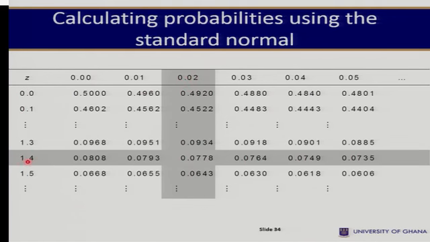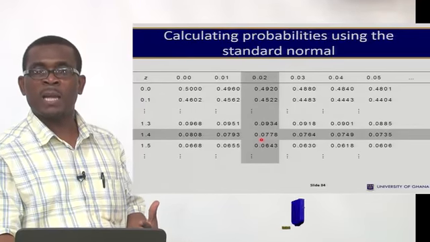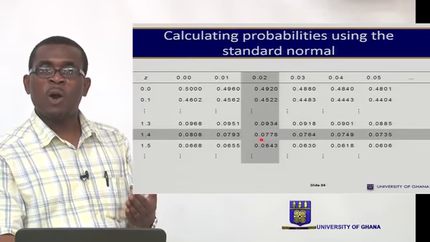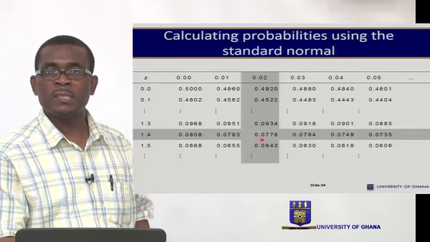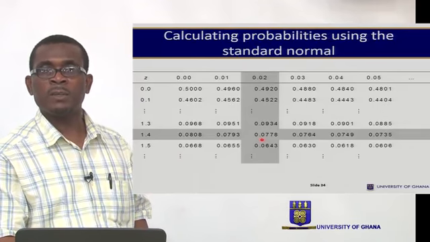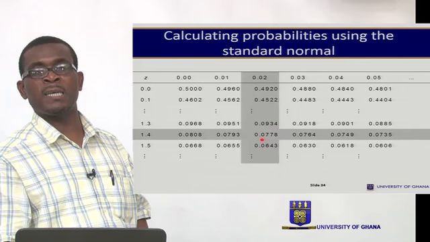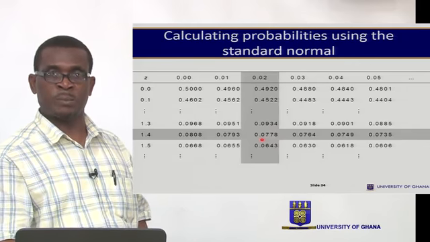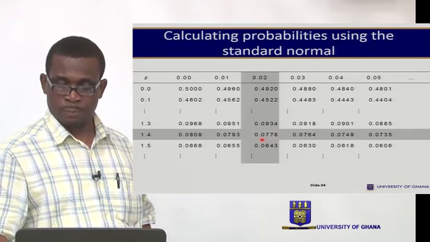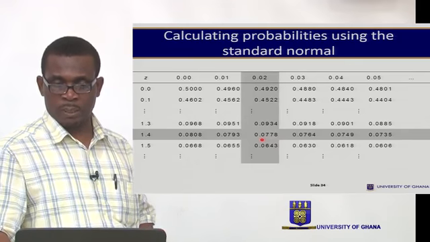So it's 1.4 here and 0.02. The intersection is 0.0778. What this tells you is that the area under the normal curve to the right of 1.42 is 0.0778, or you can say 7.78%. Basically, this is what it means.